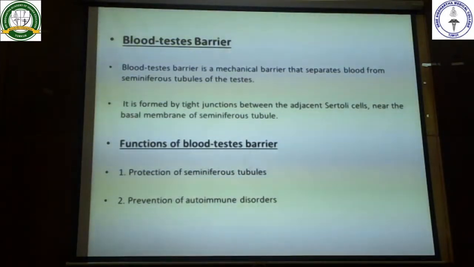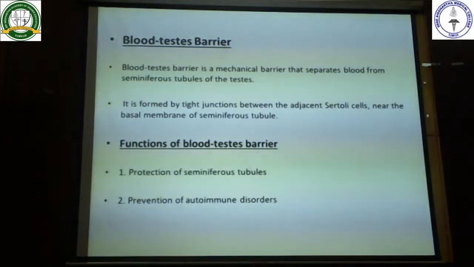Now what is this? The blood-testis barrier is a mechanical barrier that separates the blood from the seminiferous tubules of the testis. So this barrier is separating the blood from direct contact with the seminiferous tubules of the testis. Now how is it formed?